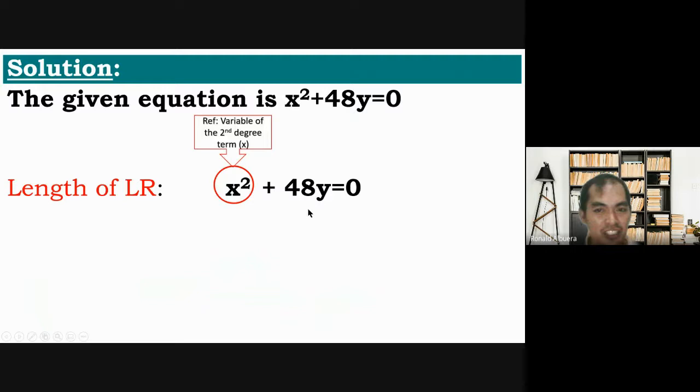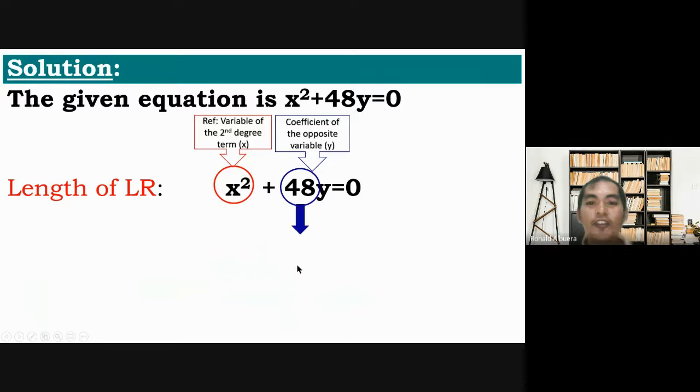Whatever the coefficient, get the absolute value, and that's the length of LR. Okay? Coefficient of the opposite variable, which is y. Pag sinabing opposite variable, referring to the second degree term na variable. Tandaan nyo lang, pagkuha ng length of LR, tingnan nyo lang yung may square. Yung walang square, yun ang reference mo ng LR. Ang coefficient nun, yun ang length of LR, which is 48.